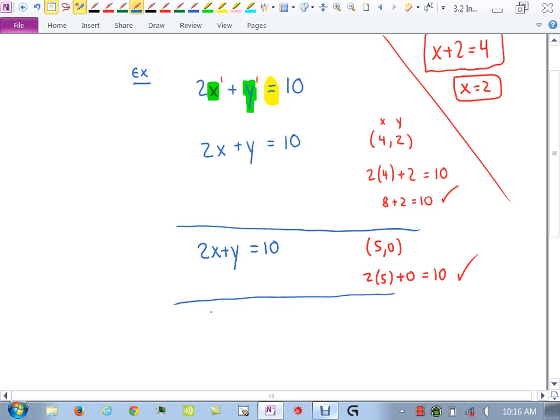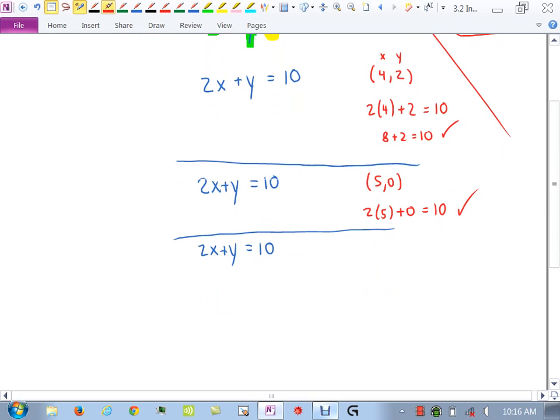Yes, that would work. Is that a very natural selection? No, but it works, right? -2 and 14. Do you all agree that that works? Plug it in. 2 times -2 plus 14, does that equal 10? Yes? Okay.